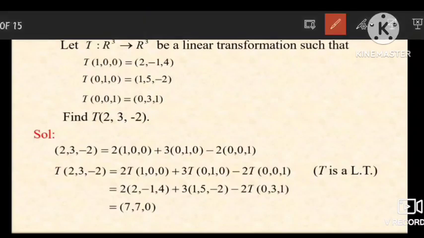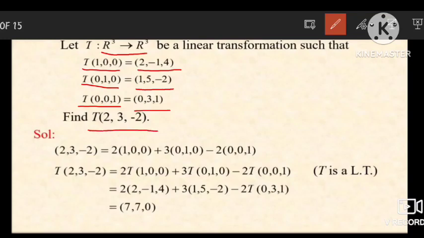Let T be a linear transformation from vector space R³ into R³ such that T(1,0,0) = (2,-1,4), T(0,1,0) = (1,5,-2), and T(0,0,1) = (0,3,1). We have to find T(2,3,-2).